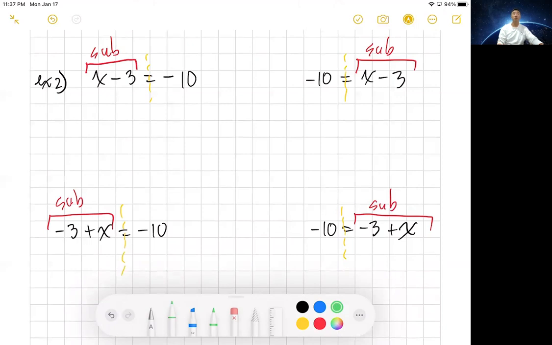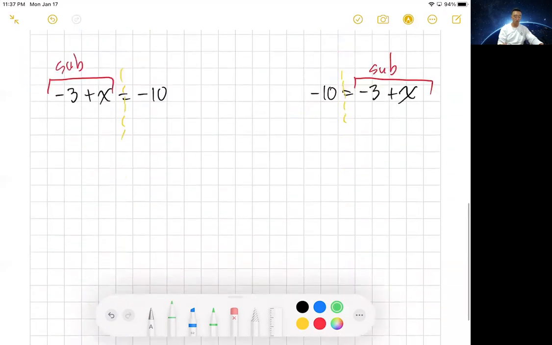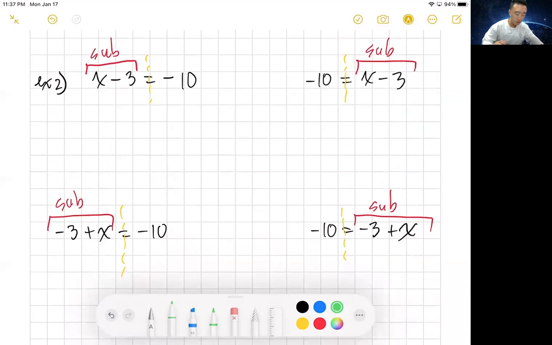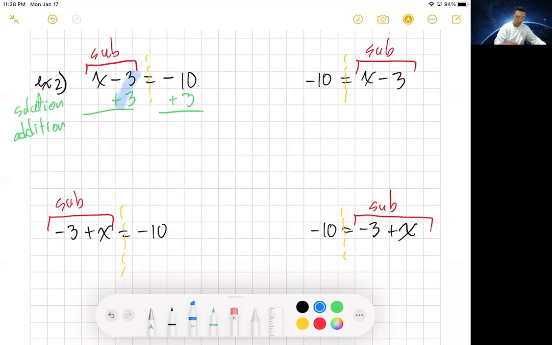Hoping that you already paused it and tried it out. Let's see. So again, if this is a subtraction problem, the solution is the opposite, which is addition. So go ahead and add 3. Now here's the thing, right?